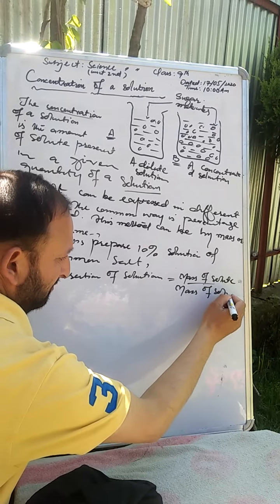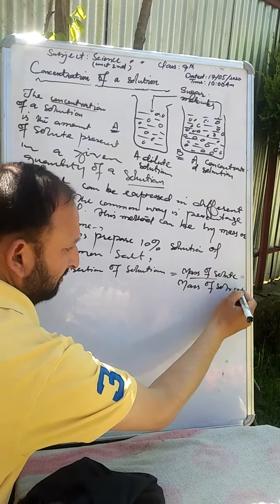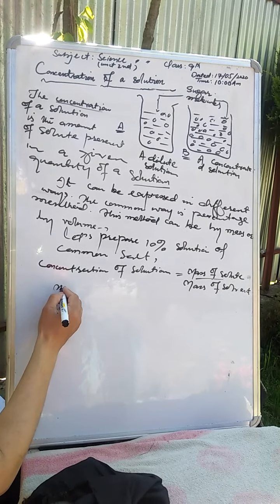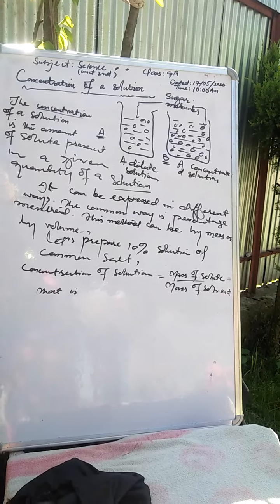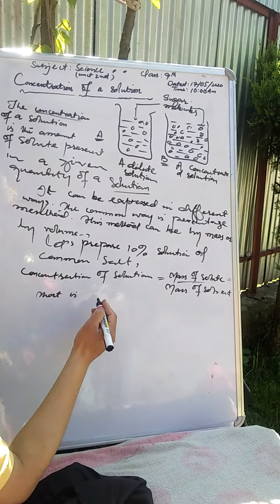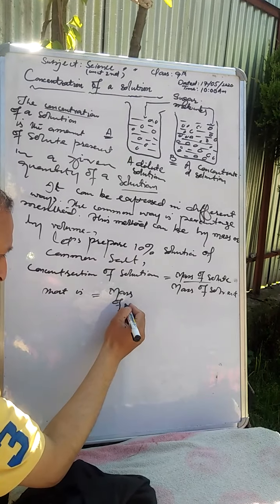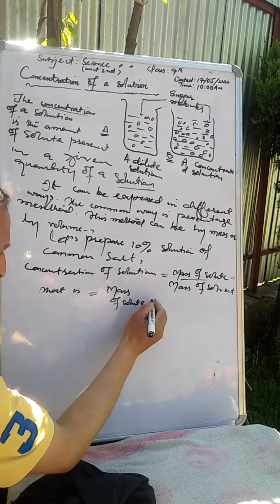Mass of solution is always equal to mass of solute plus mass of solvent. So we can obtain the mass of solution by adding the mass of solute and the mass of solvent.